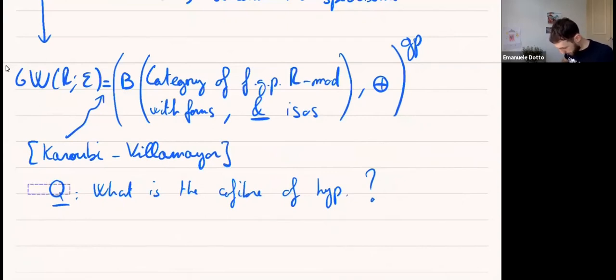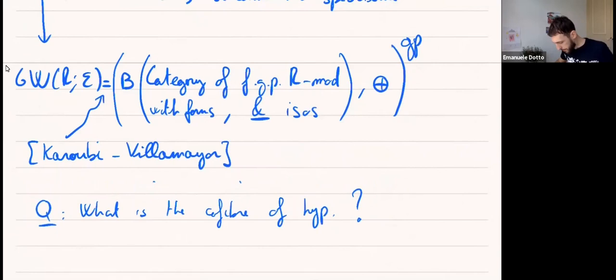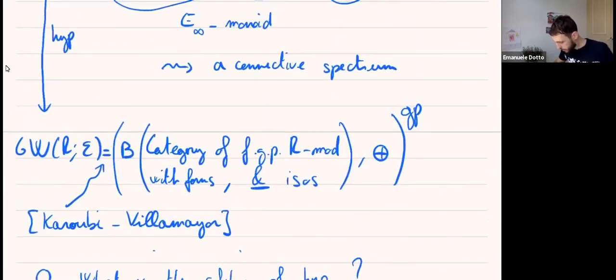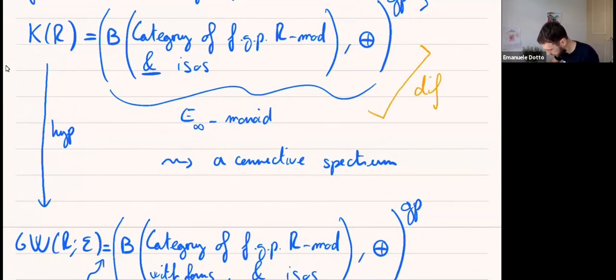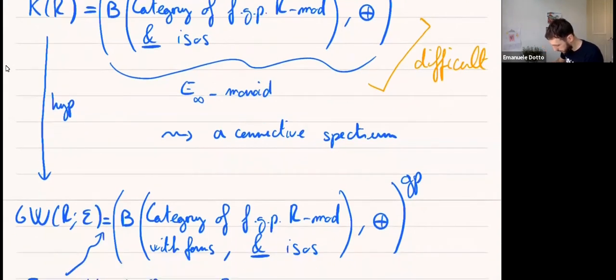Okay, and so the question: what is the cofiber? And the answer to this question is going to help us understand this group, because it turns out that the cofiber of this hyperbolic map is much simpler than these two. So these are both very difficult to understand. K-theory is notoriously difficult. This is even more difficult.